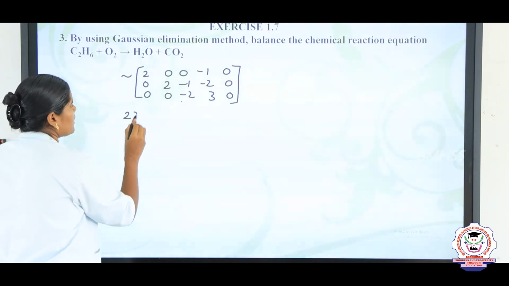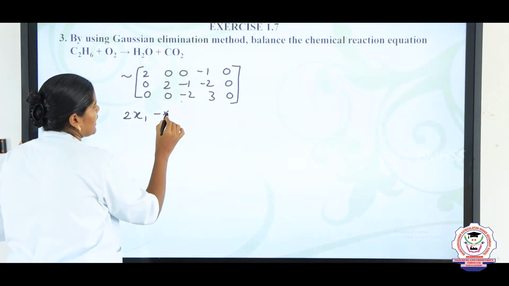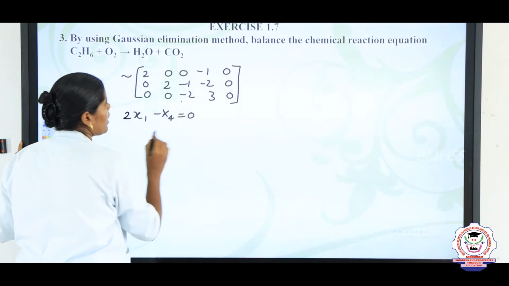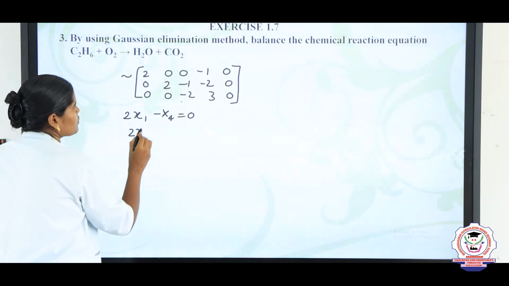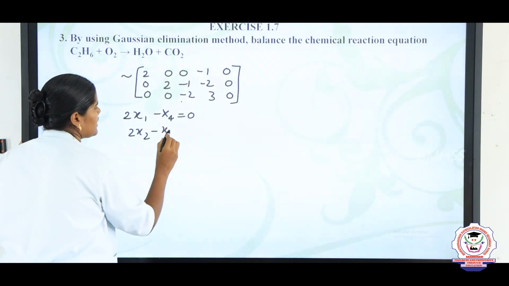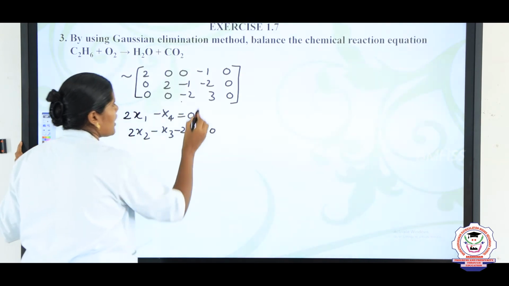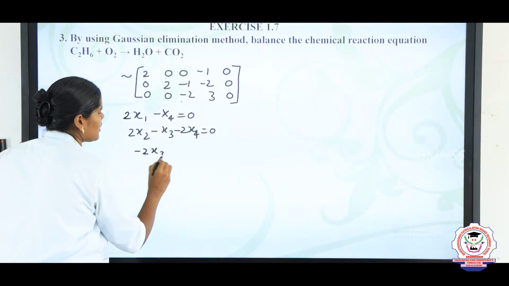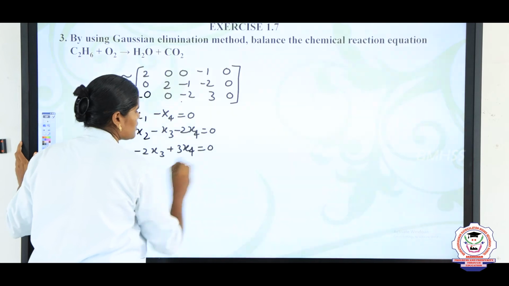So 2x1 minus x4 is equal to 0 and the second equation is 2x2 minus x3 minus 2x4 equal to 0 and the final equation is minus 2x3 plus 3x4 which is equal to 0.